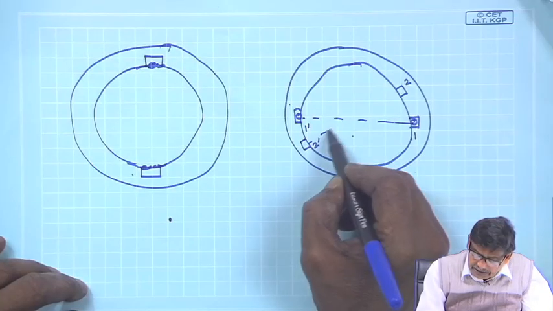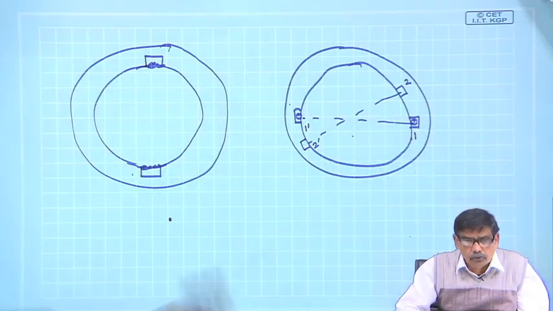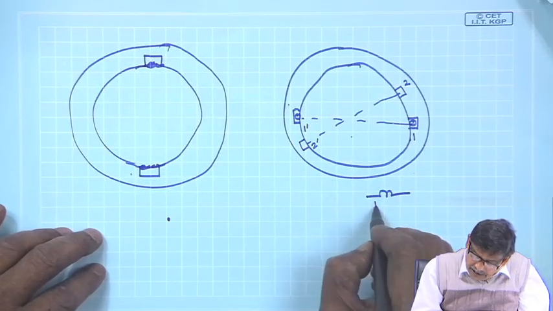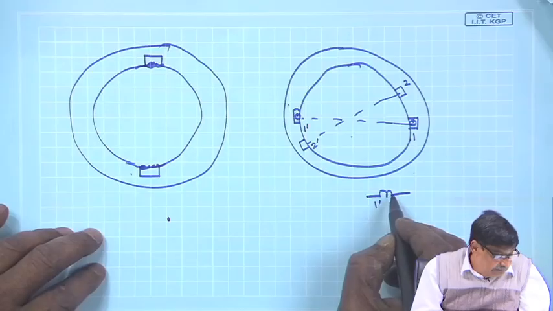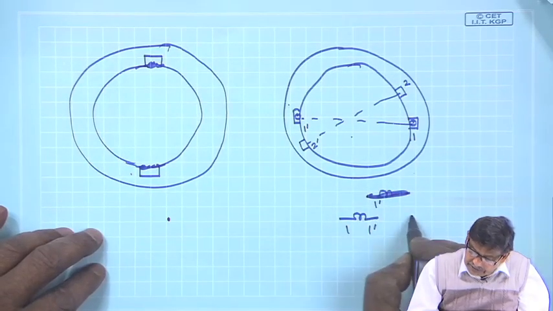These slots are diametrically opposite, and when they carry current, they will produce two poles. I know that. Now, I will have 1 dashed, say this is 1 dashed.